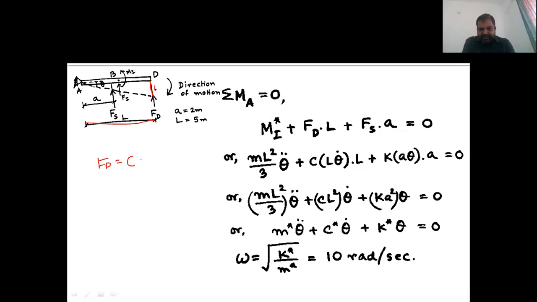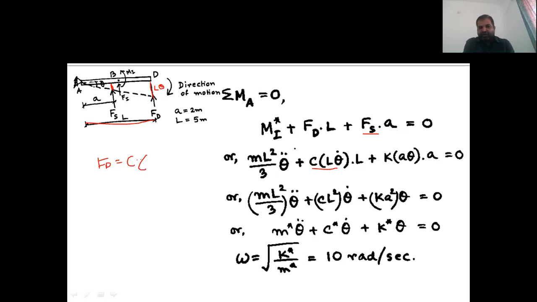So that is the displacement of the damper. So C into L theta will come. So that is the value of FD. Similarly, if you want to calculate Fs, it is K into displacement of spring, which is K into A theta, because this length is A and the displacement of the spring will be A theta.